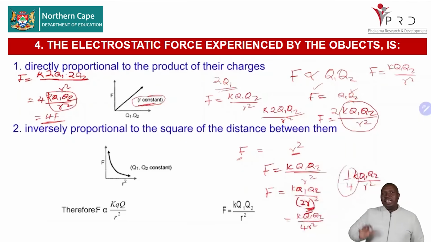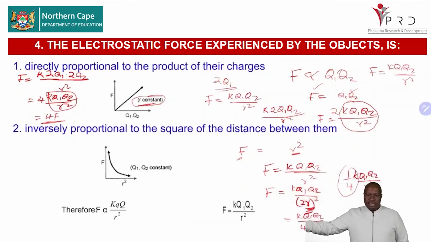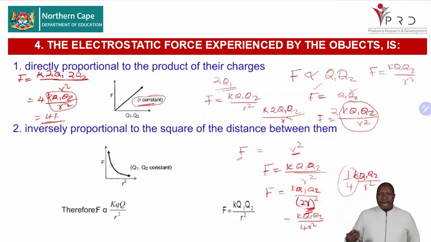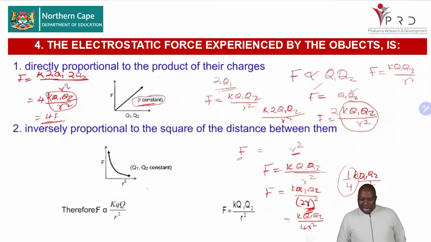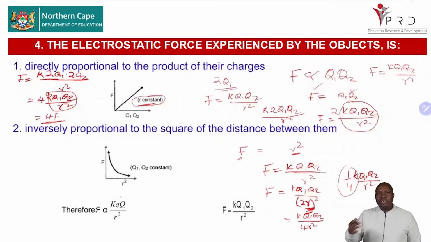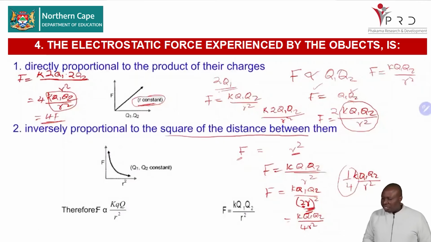So you can see that as we increase the distance between the charges, the force will decrease. But it is not linear, hence the graph is not a proportionality one. It is inversely proportional, and you can see that it's not a straight relationship because it's r squared. It doesn't mean that if you double the distance, the force will decrease by 2. It will decrease by 2 squared, because the distance is squared. The relationship is inversely proportional to the square of the distance between them.